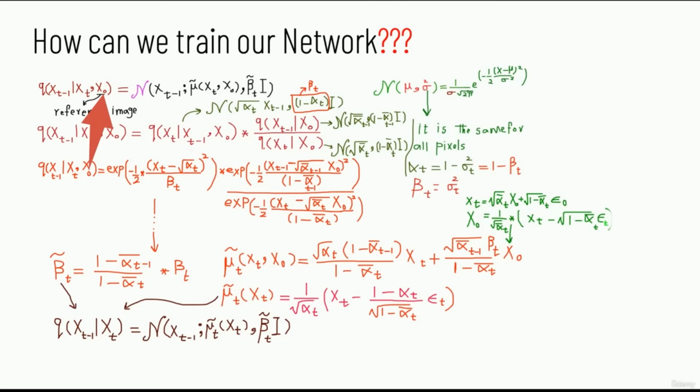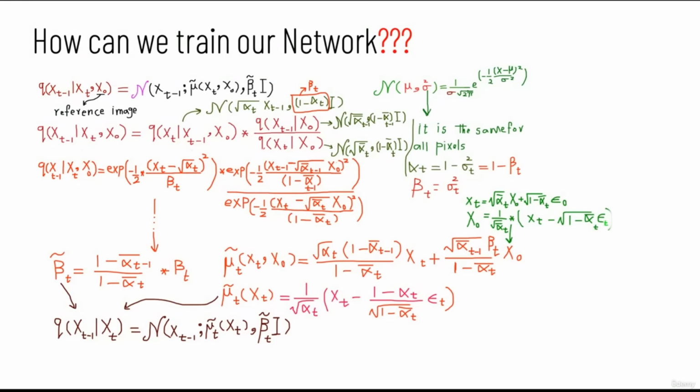By doing this, we will be able to find the mean and the variance of the target distribution easily. And actually during training, we have our clear images. We will take them from our data set. We will call this clear image our reference image. But here we will have another problem. The mean of our target distribution will depend on xt and x0.